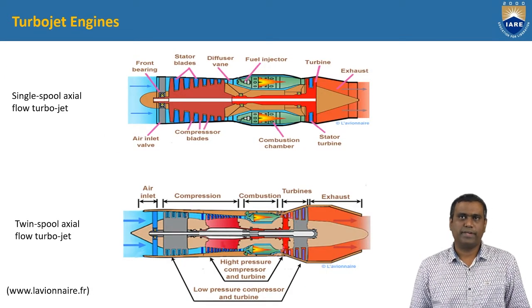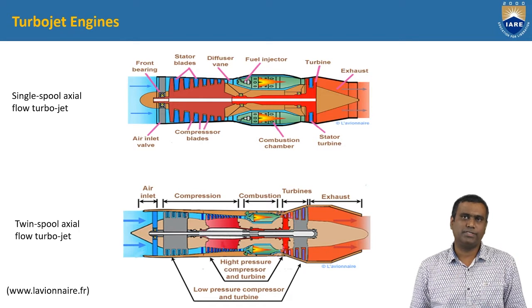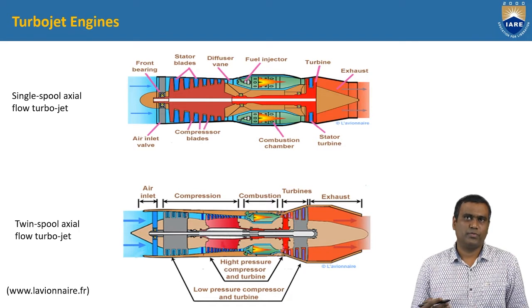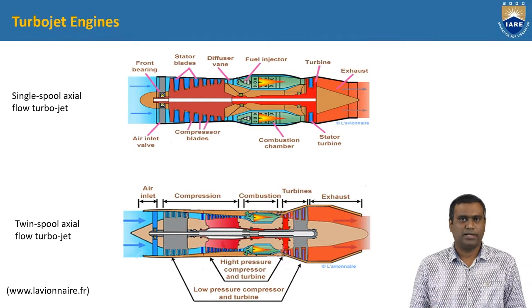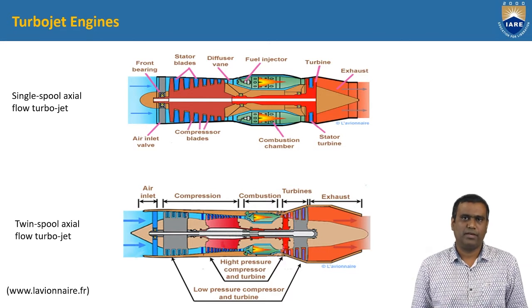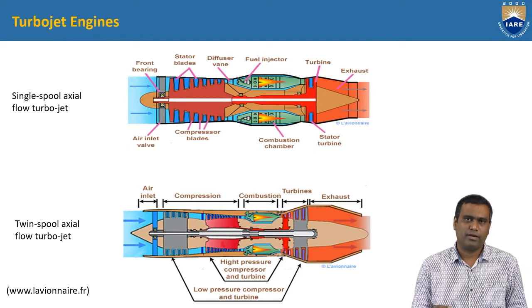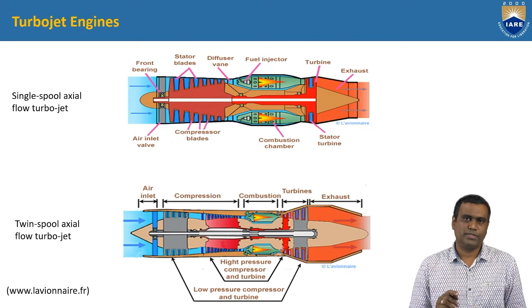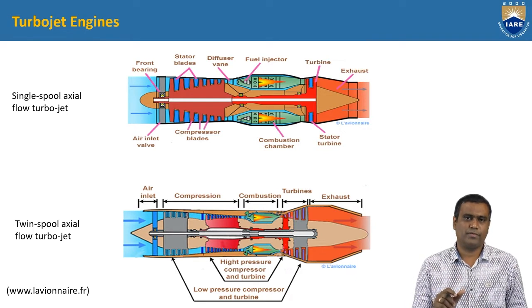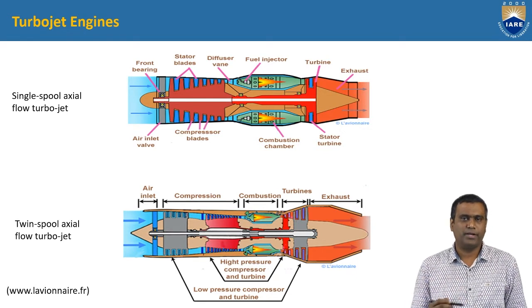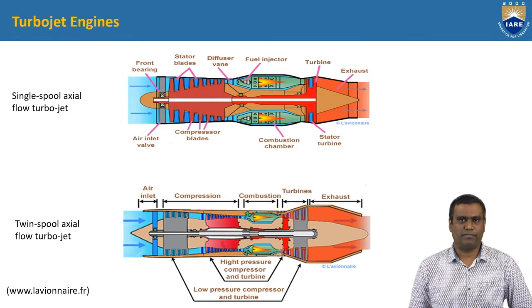And in this figure we can see a simple turbojet with single spool axial flow, that is single spool turbojet engine, and double spool or dual spool turbojet engine. Spool is an engineering shorthand for a compressor and high pressure turbine connected with a shaft. That means spool is a word which represents this set of components, that is high pressure turbine and compressor connected by a shaft.